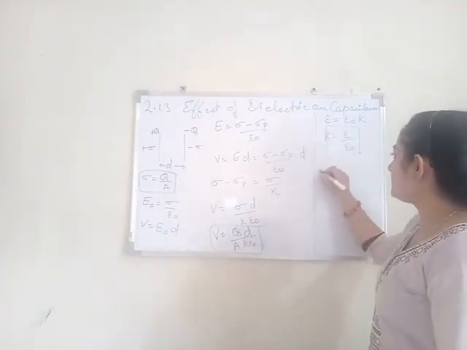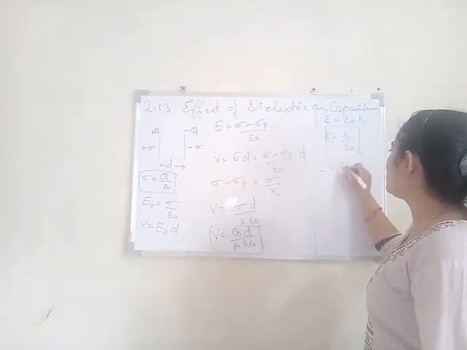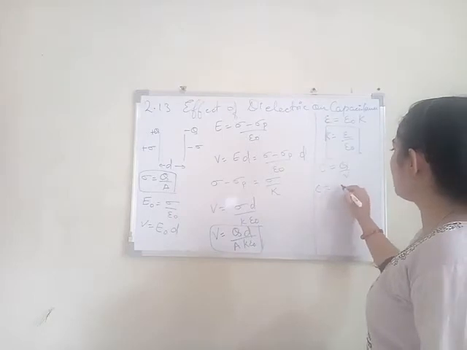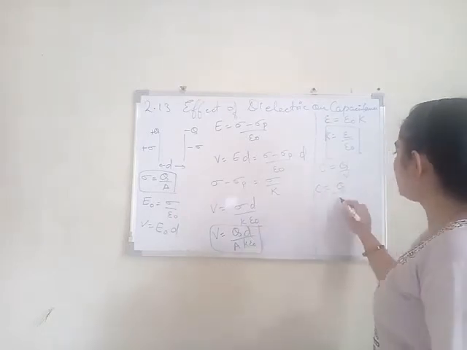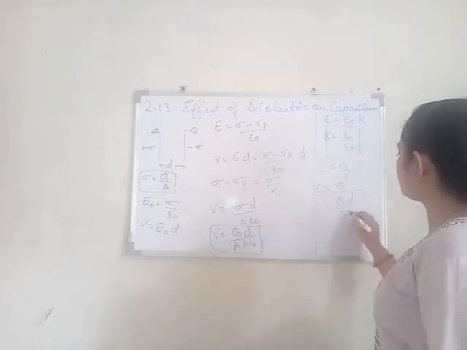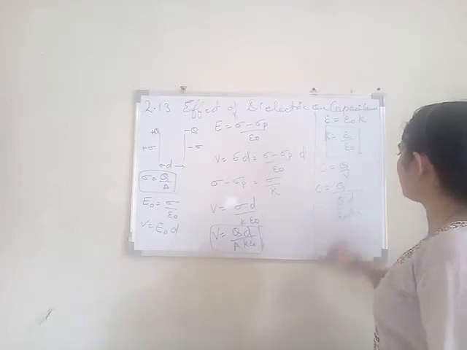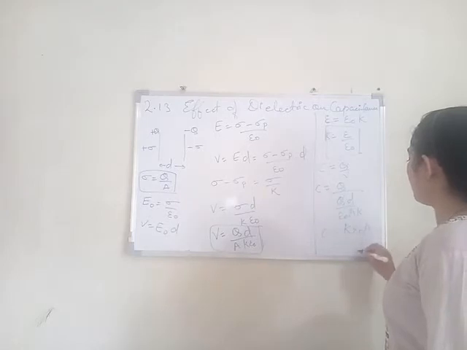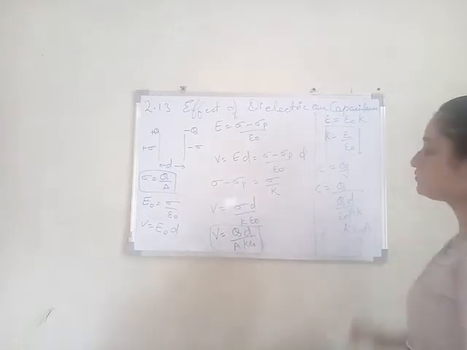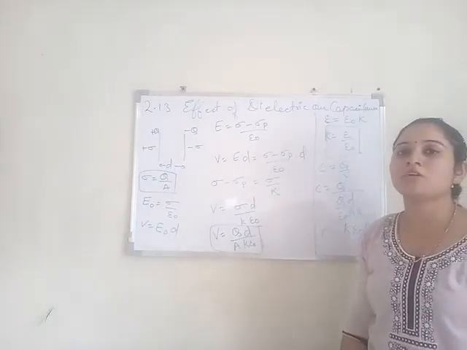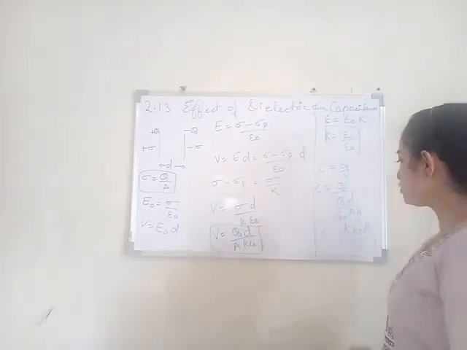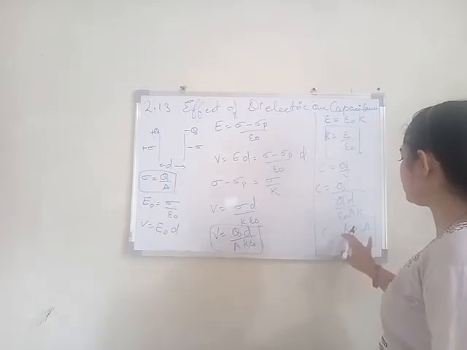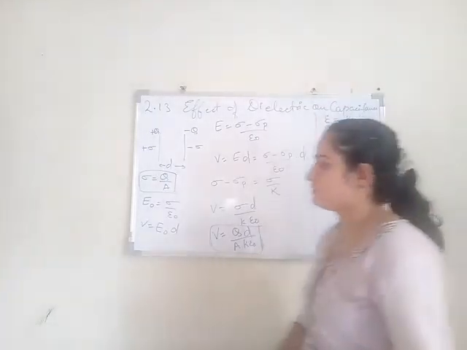Now C equals Q by V. So C will be equal to Q by V, equal to Q D upon epsilon 0 A K. Q cancels. C will be equal to K epsilon 0 A by D. So this is the formula of capacitance, which shows that it depends on the area, the distance between the two plates, and the constant K.